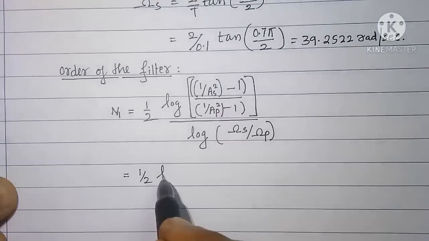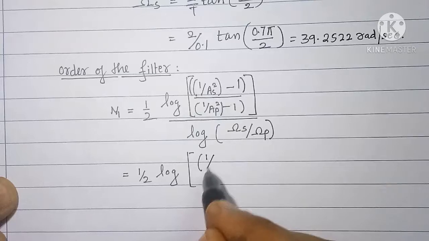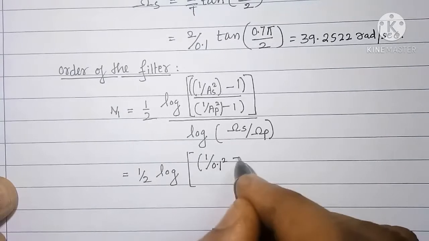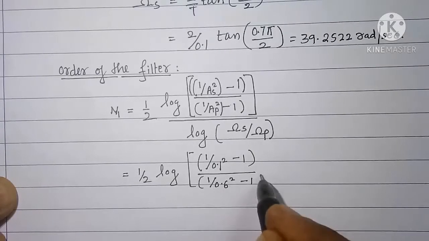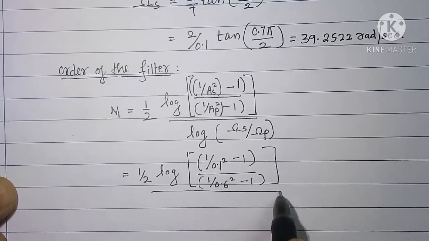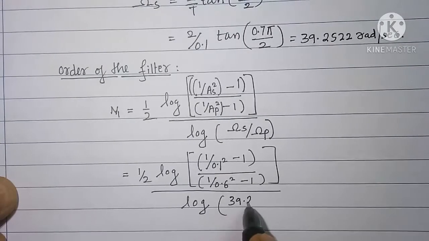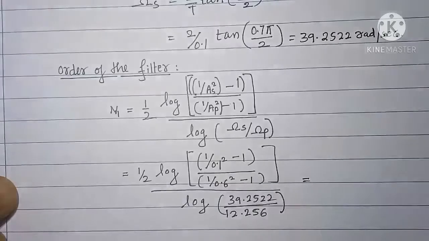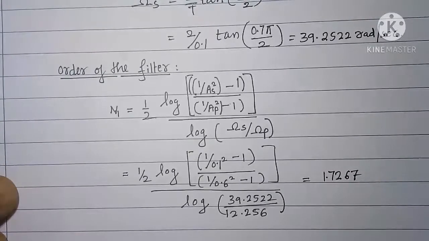That is equal to 1 by 2 log of (1 upon 0.1 square minus 1) by (1 by 0.6 square minus 1), whole divided by log of 39.2522 divided by 12.256, that is equal to 1.7267.